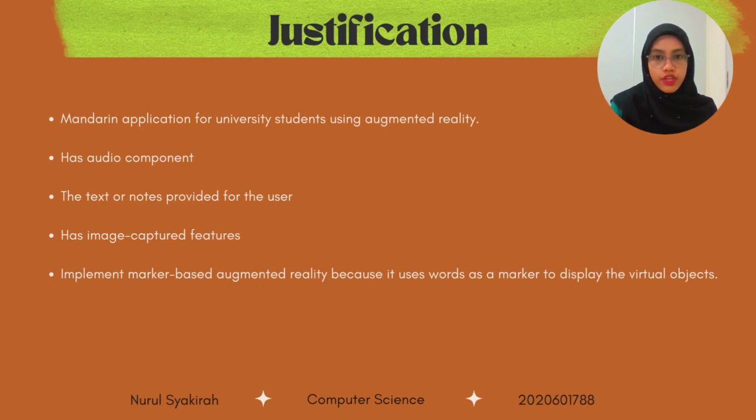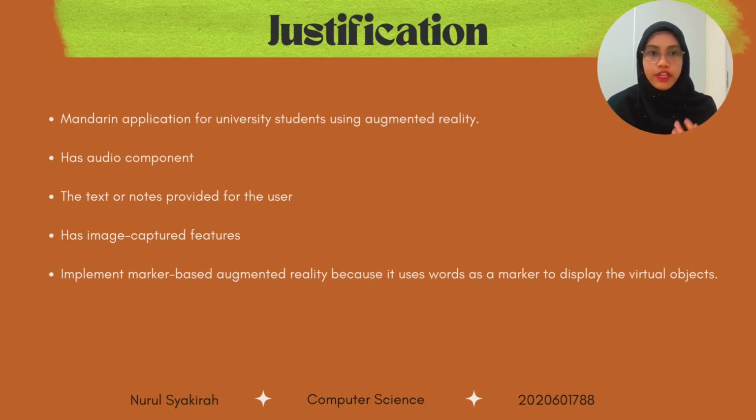So for the features, the audio component is very important when developing a learning application, as users can learn the pronunciation of unknown words. The text and notes are provided to facilitate the user in learning before they answer the questions or quiz in the application.